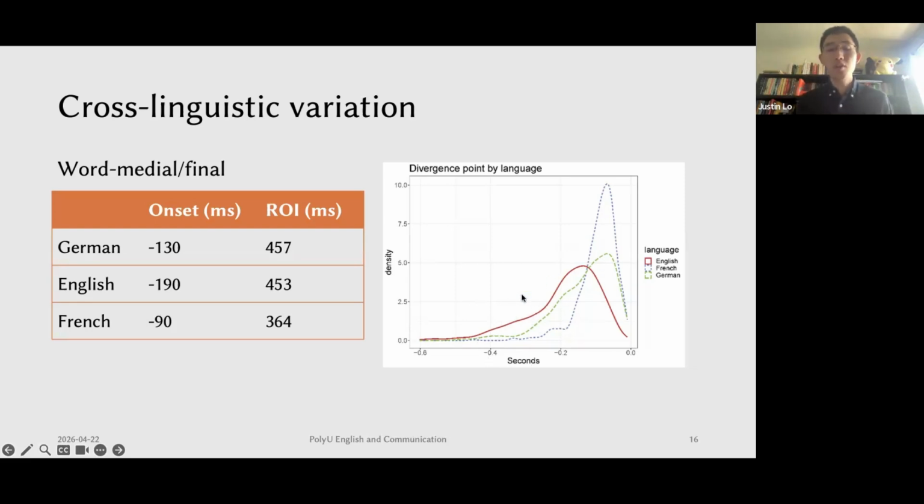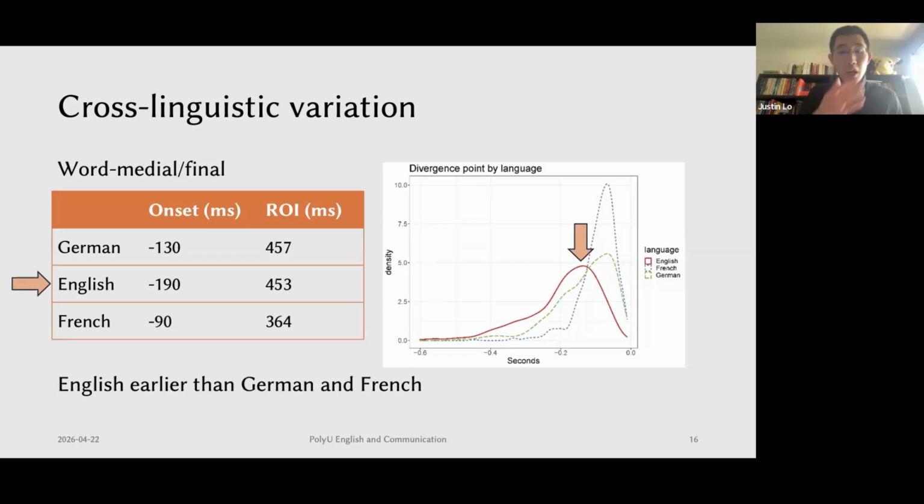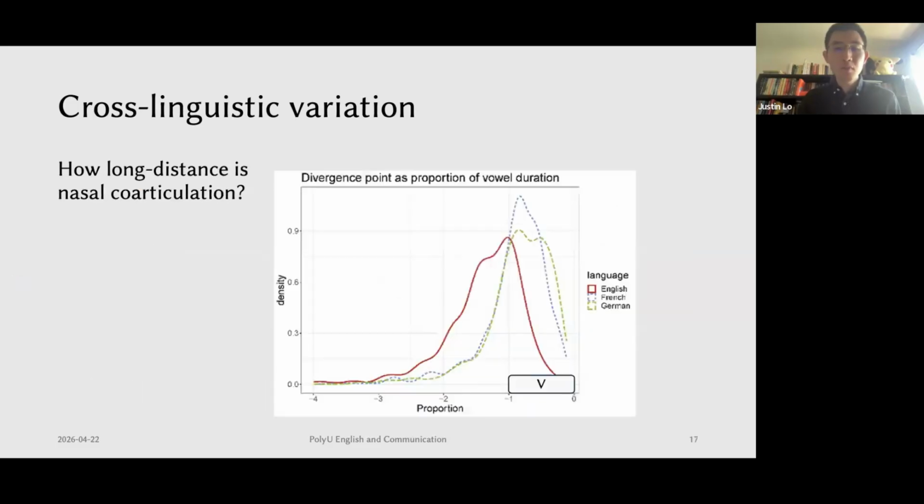So there are lots of instances where speakers have very extensive co-articulation, so the nasalization starts very early on. That's what we see: English earlier than German and French. The difference between German and French doesn't come out as statistically significant, but English is longer.